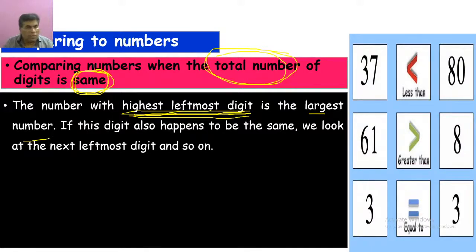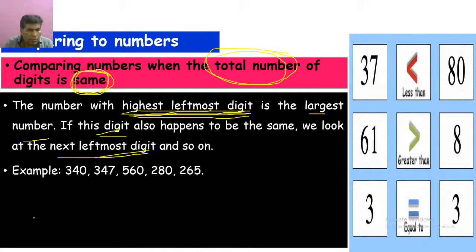Leftmost means the digit towards the left side. If that value is highest for any number, that will be the largest number. If the leftmost digit is also the same for 2 numbers, then we have to check the next consecutive digit, the next leftmost digit. We have to compare like that.